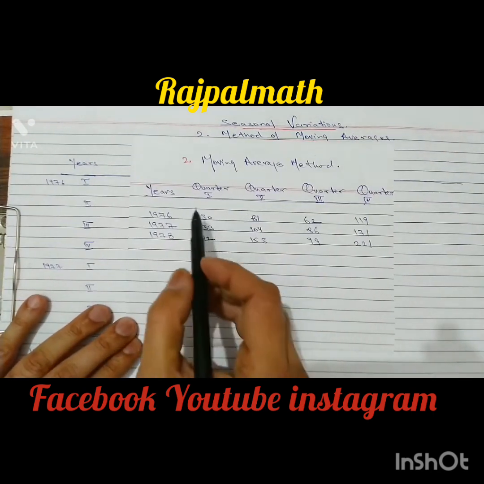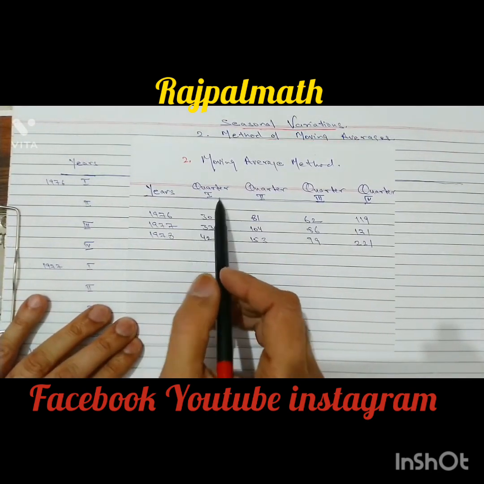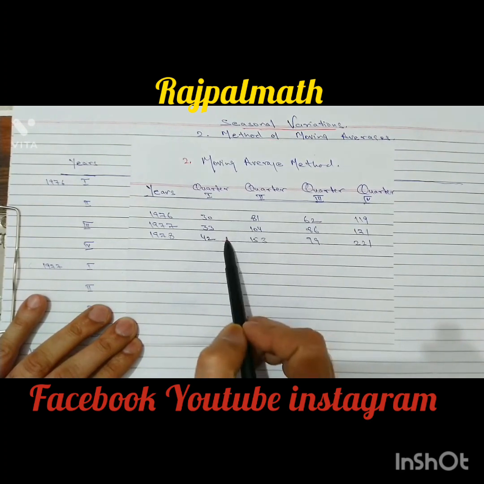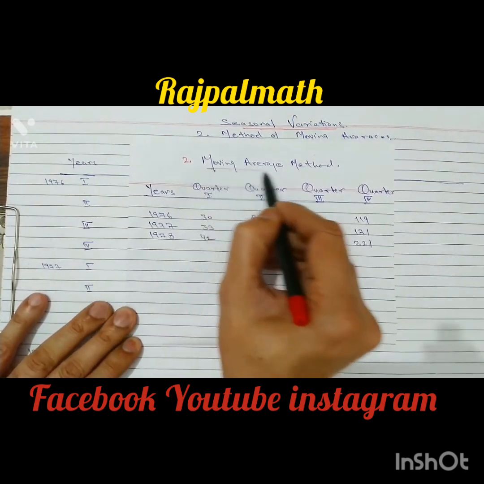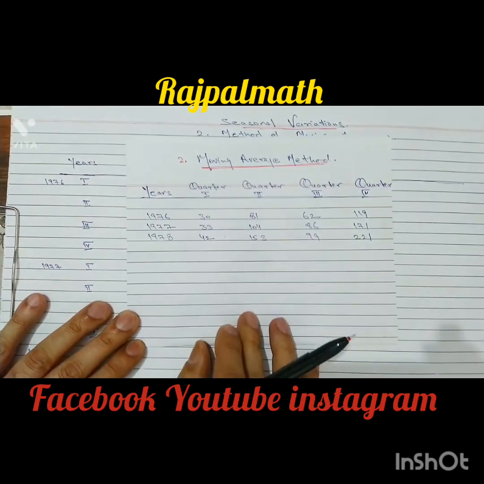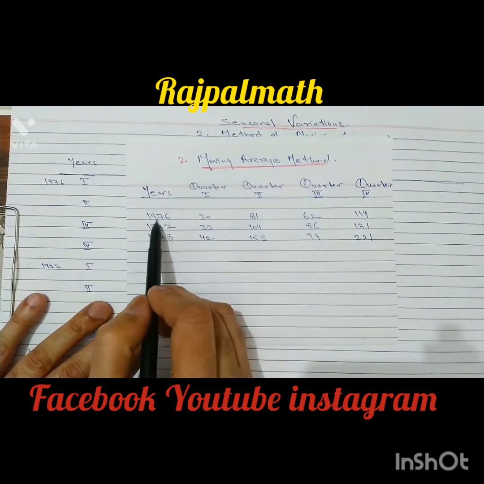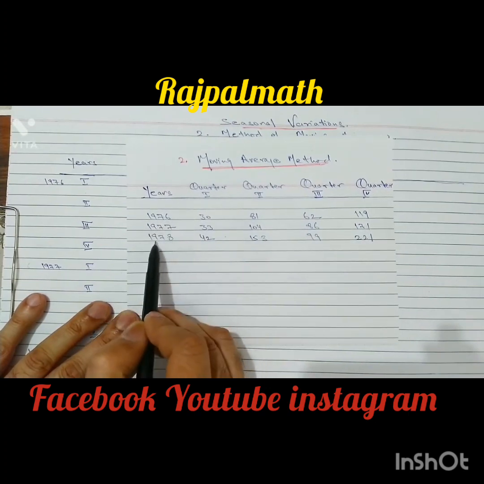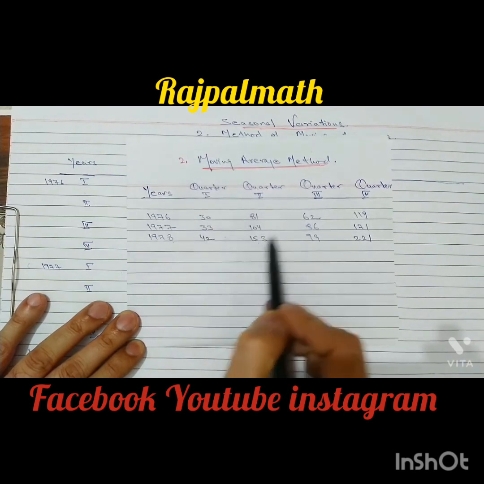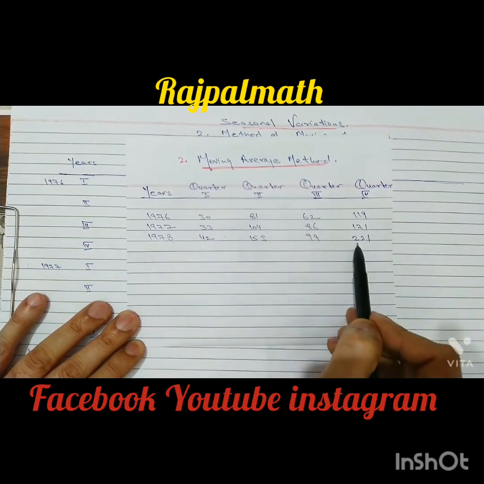Now a question is given. Calculate seasonal indexes from the following data by the method of moving average. Yearly data is given for 1976, 77, 78, with quarter 1, quarter 2, quarter 3 and quarter 4 data.